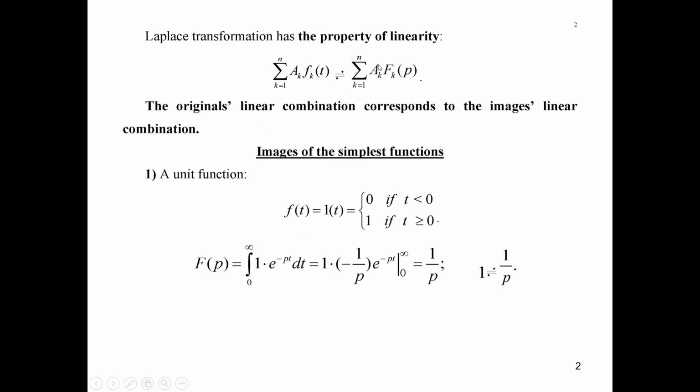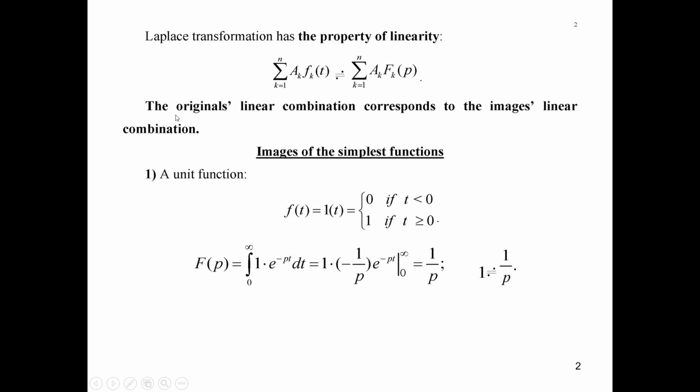The first property is the property of linearity. It means that a sum of functions of time multiplied by some coefficients may be presented as a sum of the same coefficients multiplied by the images by Laplace of the same functions. You see, it's the property of linearity.